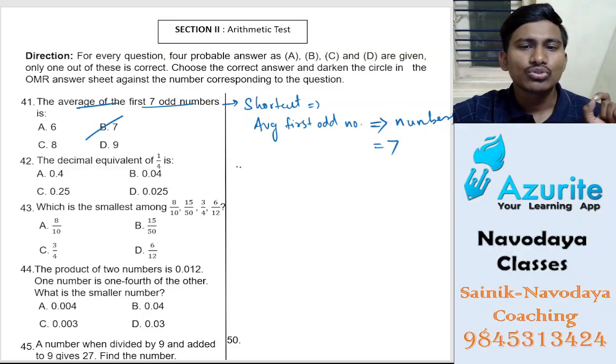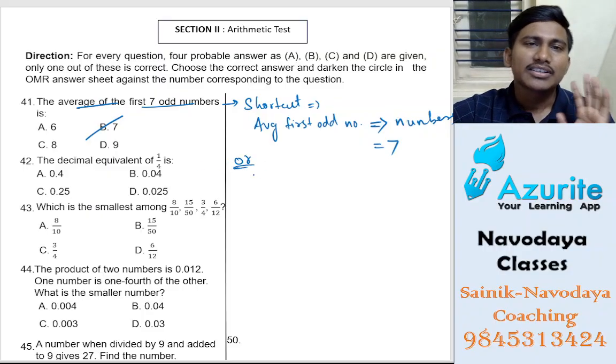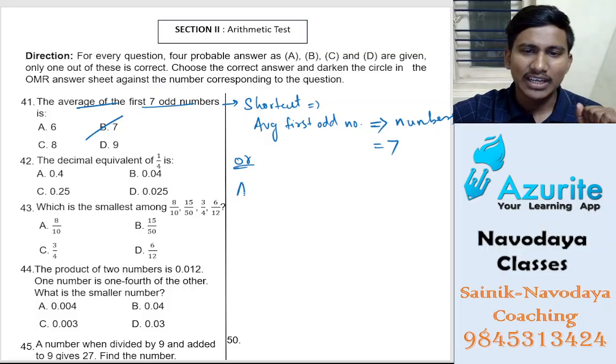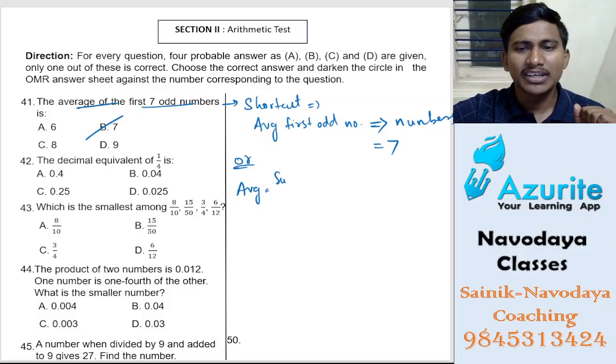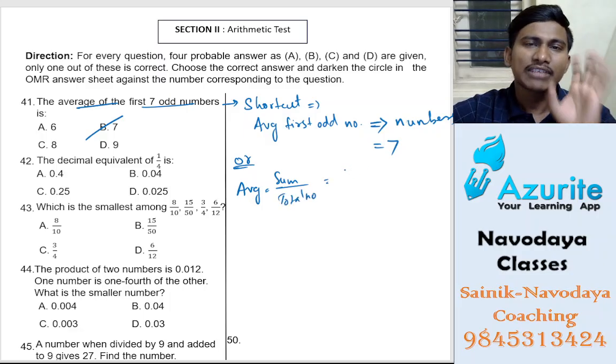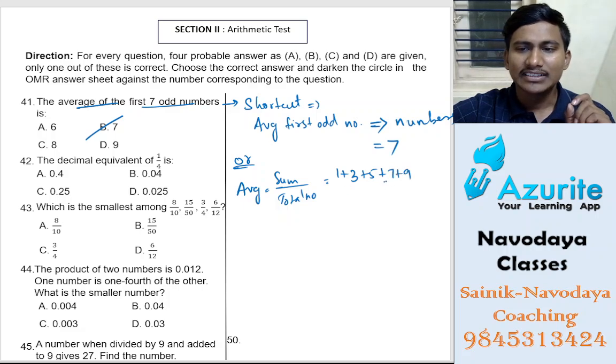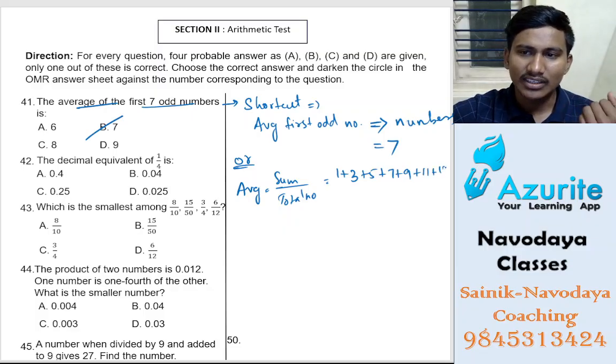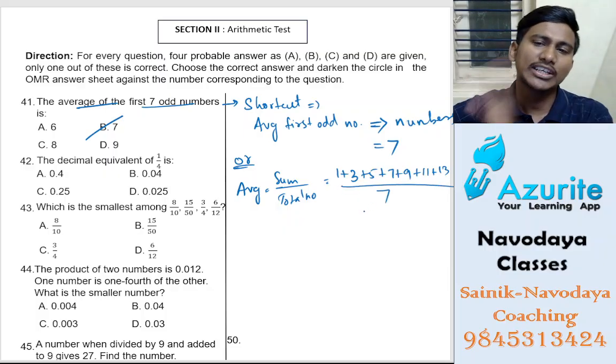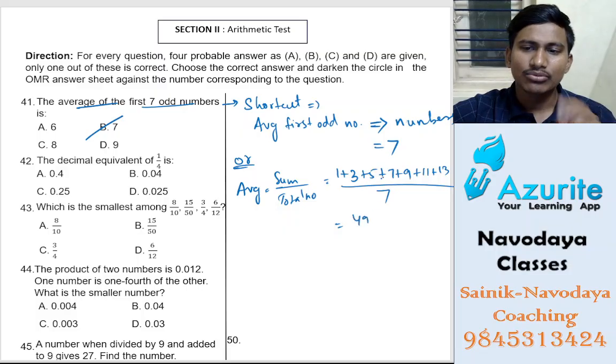You should remember this. Or you can do it with the average formula. Average is sum divided by how many numbers, the total numbers. So the sum of 7 odd numbers: 1 plus 3 plus 5 plus 7 plus 9 plus 11 plus 13. The sum is 49, divided by 7. 7 sevens are 49.